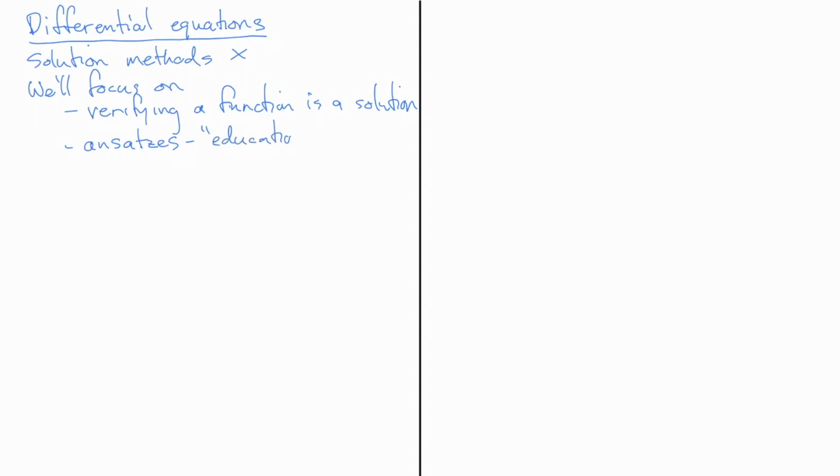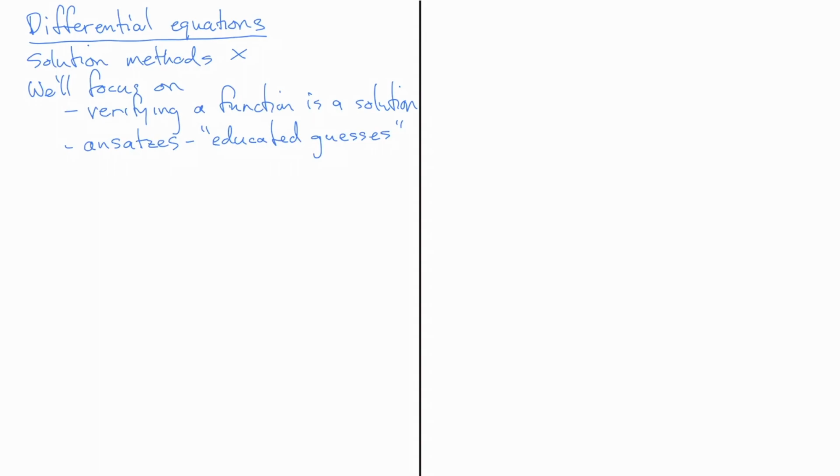The idea here is that you're not given a solution and you're to check, but you have some rough idea of what the solution might look like, and you use that knowledge to come up with a pretty good guess, and maybe there's a parameter, an unknown quantity in your guess, and you plug it in and figure out what that quantity is. So it's similar to verifying that a function is a solution, but it's not knowing the full detail of it and using that to simplify your problem.